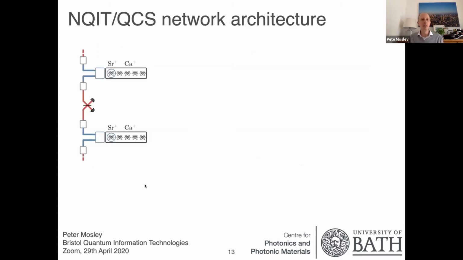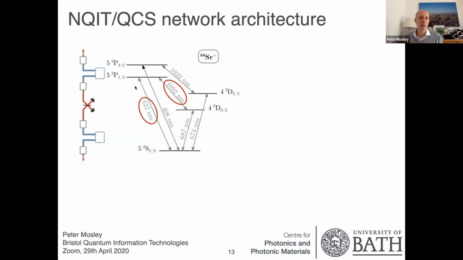And so within the NQIT network architecture, the trapped ions that we used were calcium ions for the information processing, and then strontium ions to talk to the outside world in this dual species trap. So strontium ions are great from the point of view of ion trappers, but not so good from the point of view of people who do photonics.